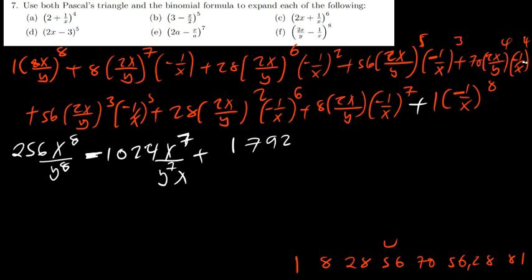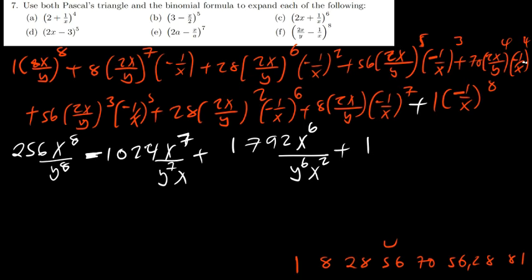So this one is going to be x to the power 6, then divided by y to the power 6 and x to the power 2. Okay, plus again here I'll have 56, 2 to the power 5. 2 to the power 5 is 32. 32 times 56, I'll end up having again 1792.